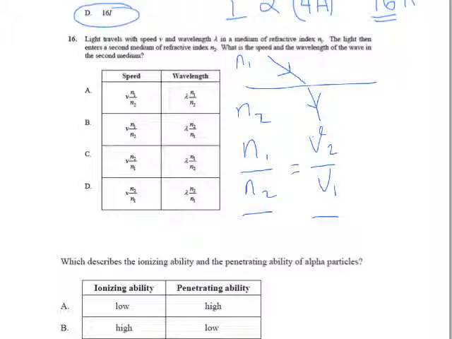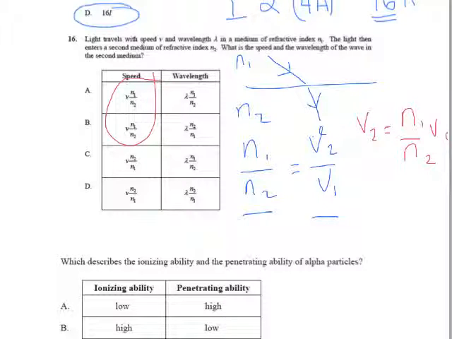So therefore, in the second medium, v2 equals n1 over n2 times v1, which could be A or could be B.